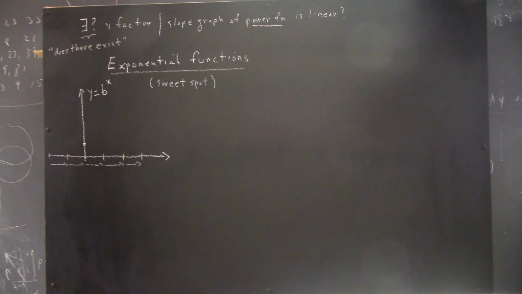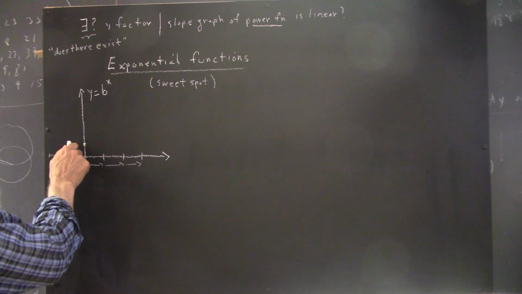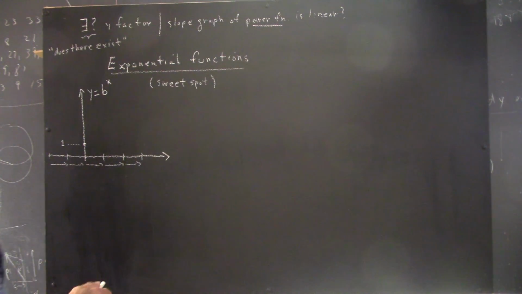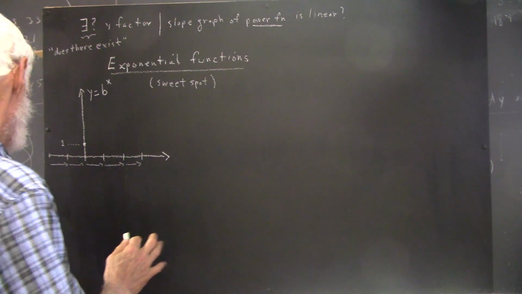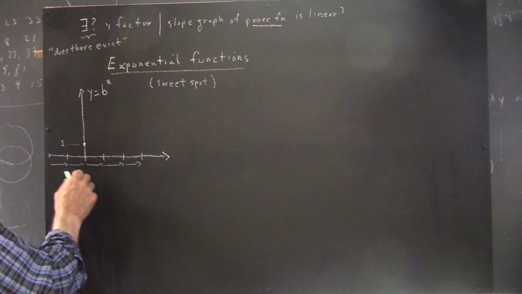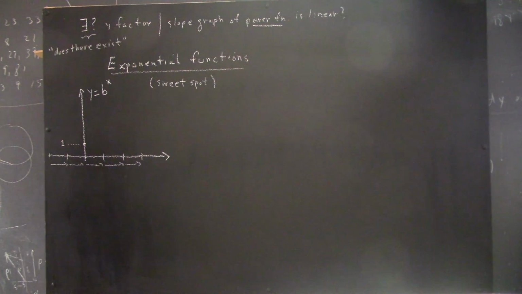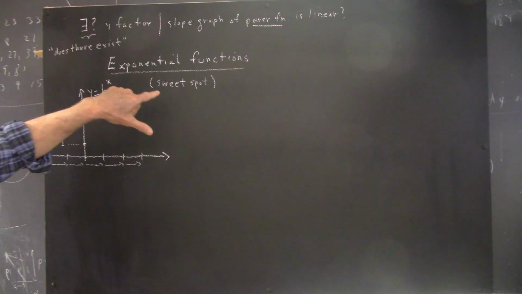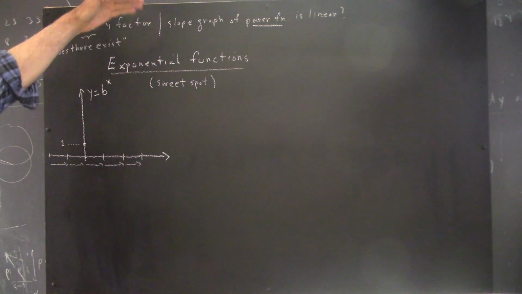So we know that the y coordinate here is 1. We don't know what the doubling distance is. That's undetermined. And we're going to play around with the doubling distance to find a doubling distance that hits a sweet spot of a slightly different kind.